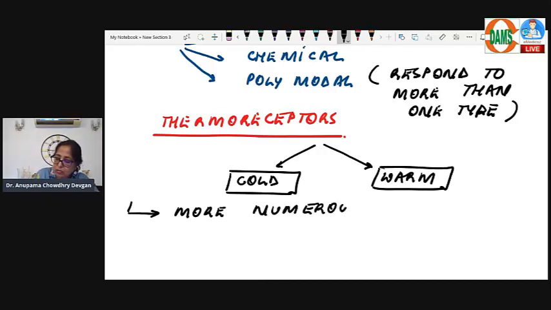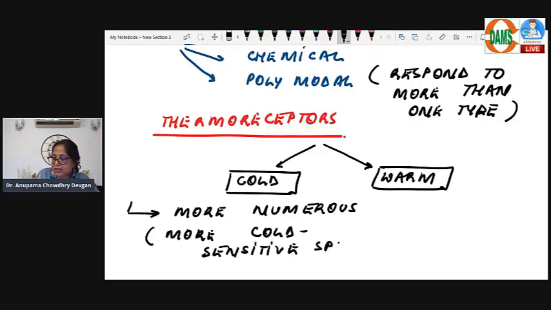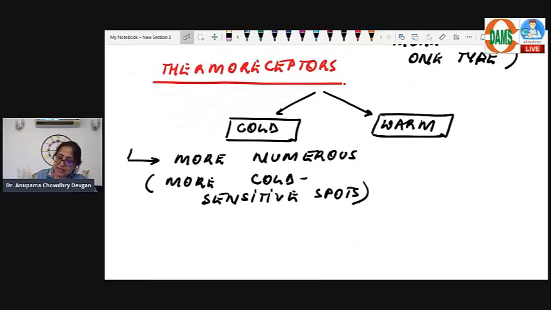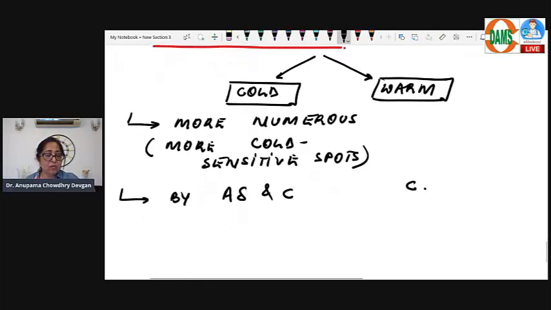There are more cold sensitive spots on the skin. Warm thermoreceptors are fewer in number. Cold sensation is carried by the A delta and C fibers. Warm is only by C, which we've already discussed.